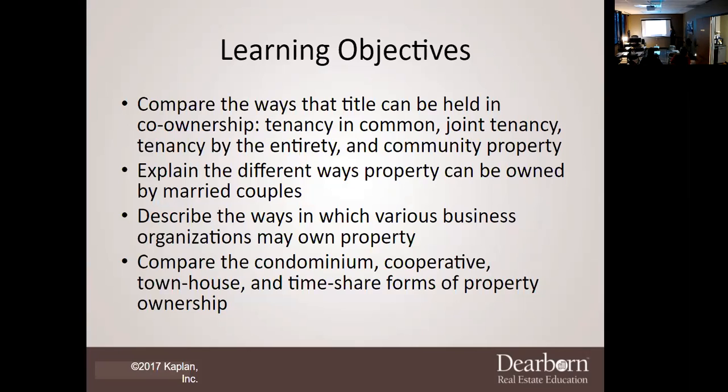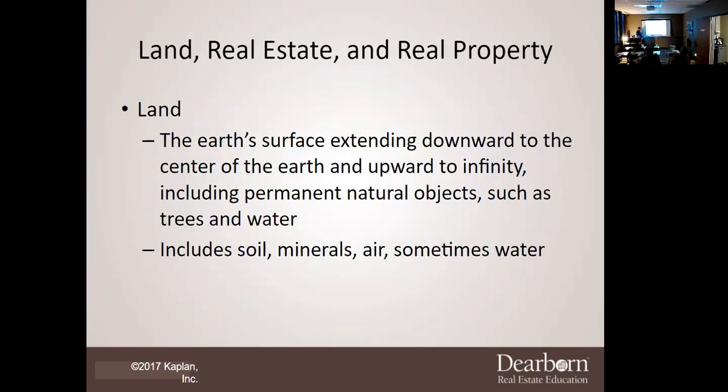We'll also explain the different ways that property can be owned by married couples, and we'll describe the ways in which various business organizations may own property. We're going to compare the condominium, cooperative, townhouse, and timeshare forms of property ownership as well.